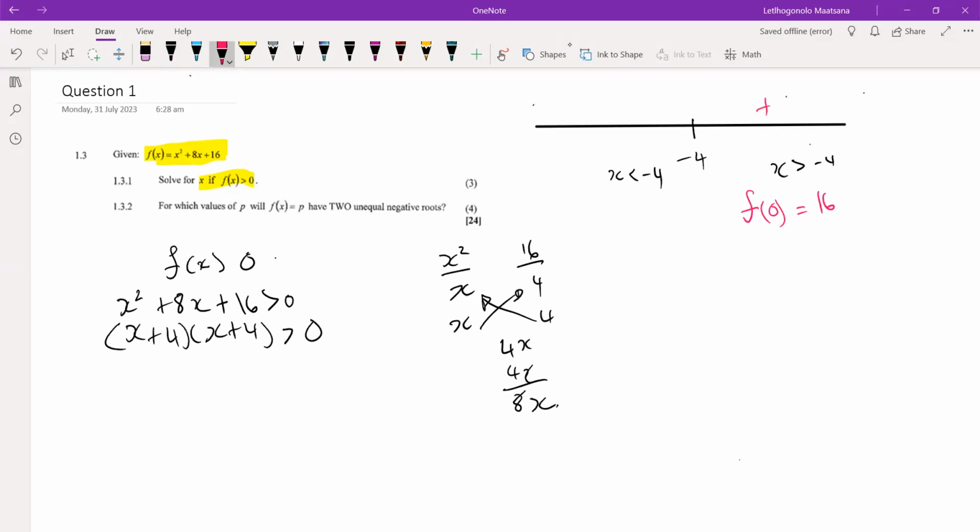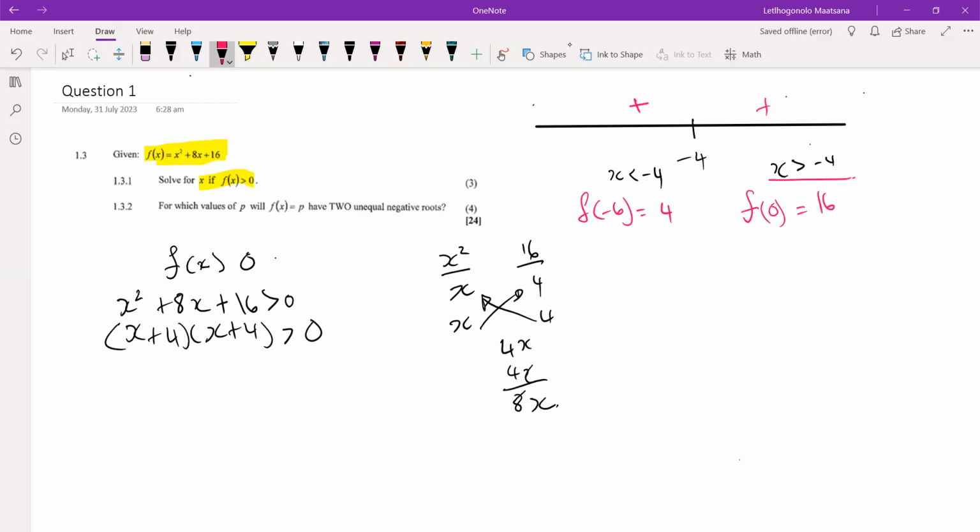So we can see that our graph is positive if we have x values that are greater than -4. Let's substitute something that is smaller than -4. Let's say we want to substitute in a value of -6. And we get that at -6, f of x is equal to 4.